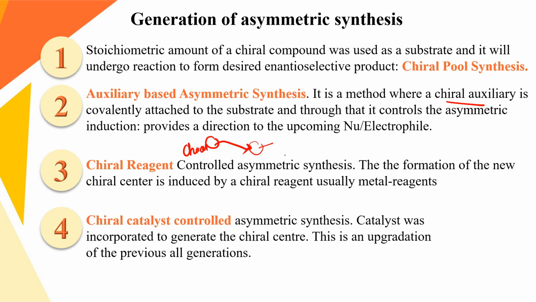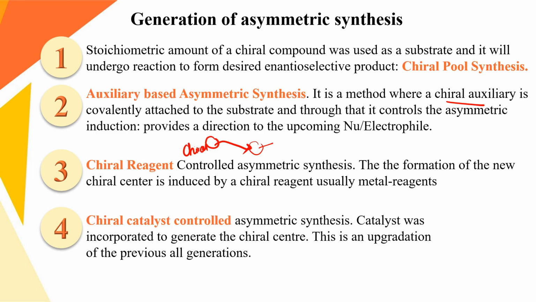After getting the desired final product, that chiral auxiliary part can be removed. This is called auxiliary based asymmetric synthesis. It has certain advantages over the initial approach, but also certain disadvantages, and you can find similarity with protection and deprotection groups.